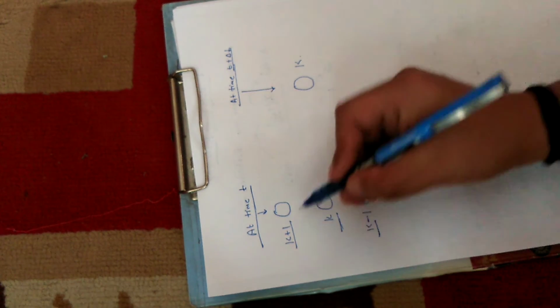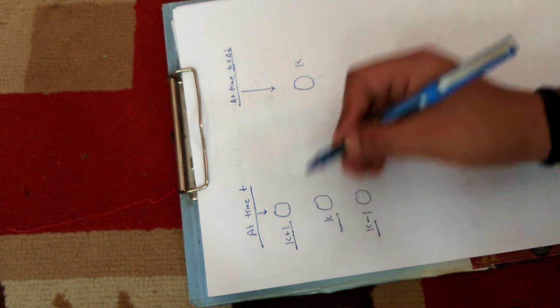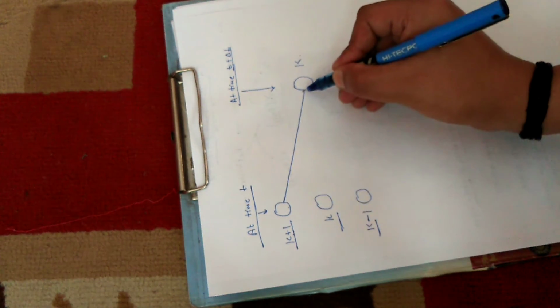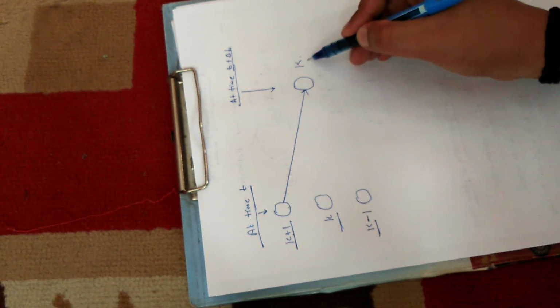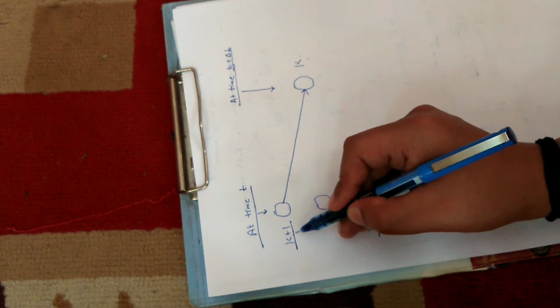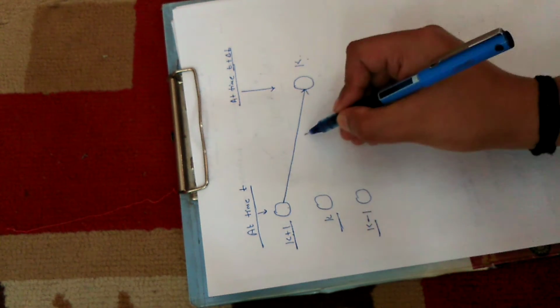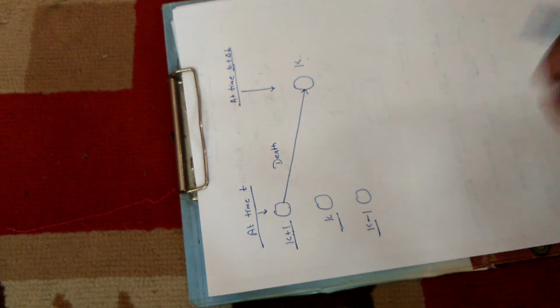If at time t the state is k plus 1, and after time del t the state goes from k plus 1 to k, it means there is a loss of one, so a single death occurs.